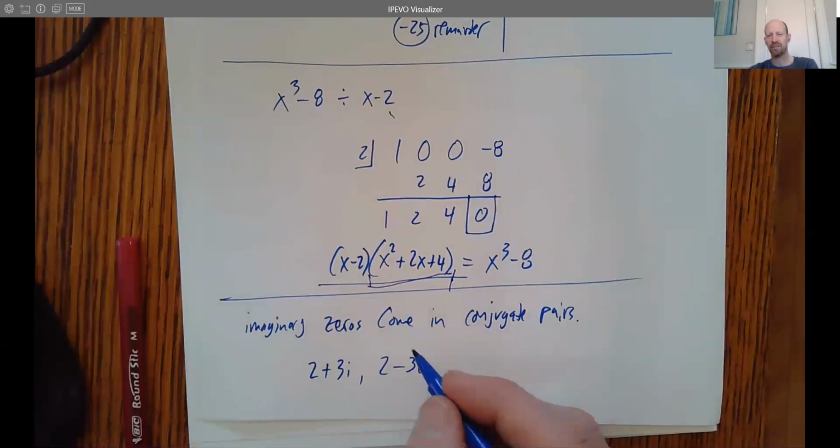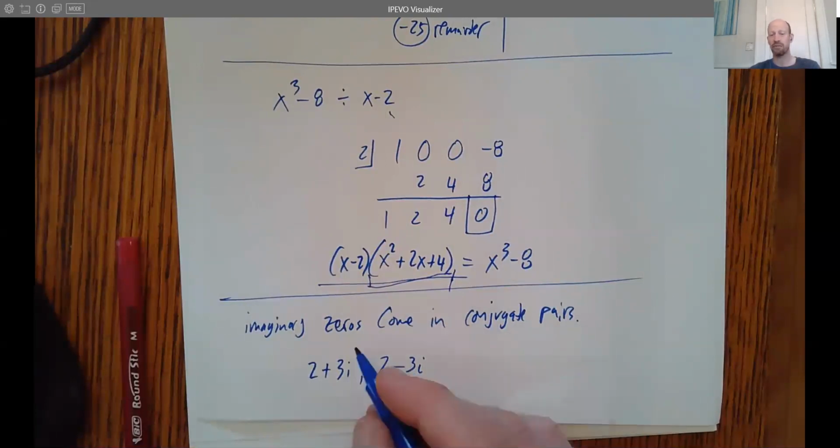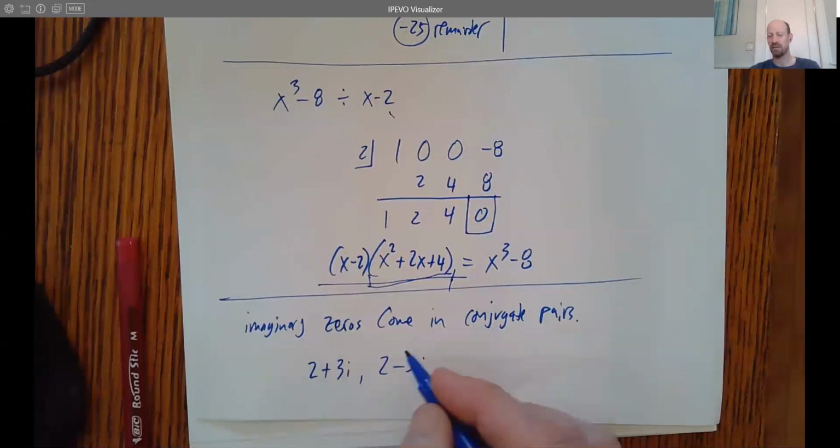That's because these imaginary zeros come from the quadratic formula, and the quadratic formula creates conjugates because it's plus or minus the square root. So it's always going to be one positive and one negative. That's a useful fact. If you know one imaginary zero, you know the other, because they come in these conjugate pairs. Okay.